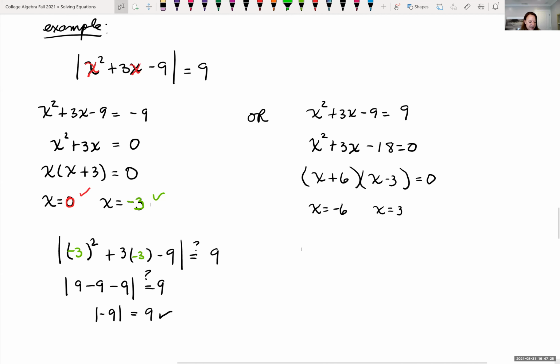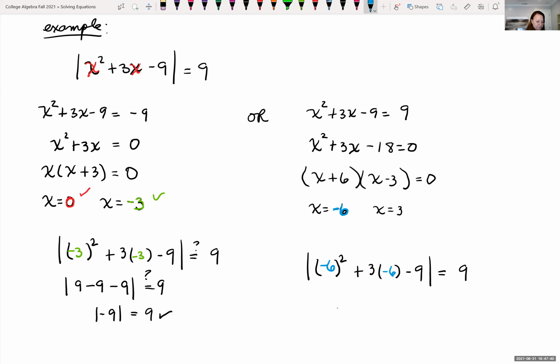So now we want to check x equals negative 6. So we're going to go back in, and wherever we see an x, we're going to put parentheses. Now we're going to rewrite it with negative 6 inside the parentheses and simplify.